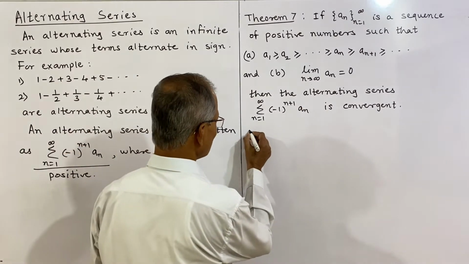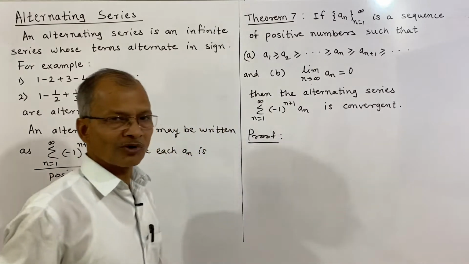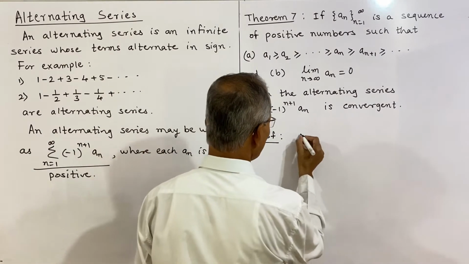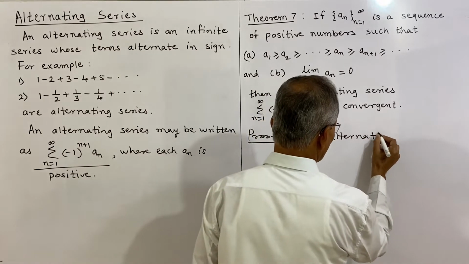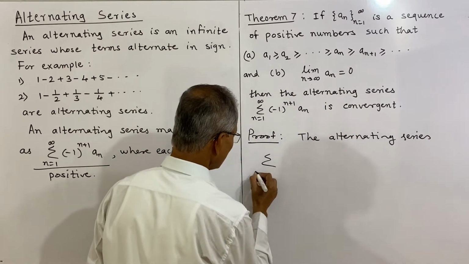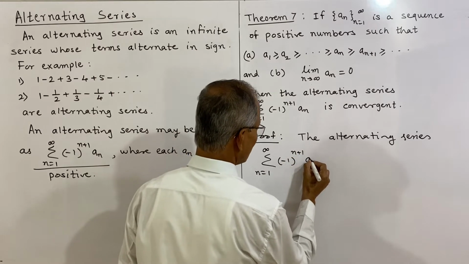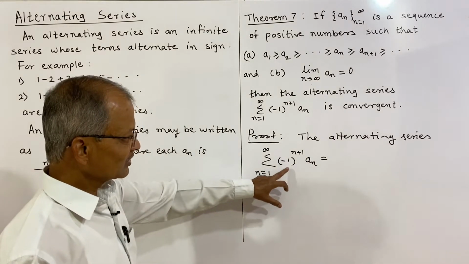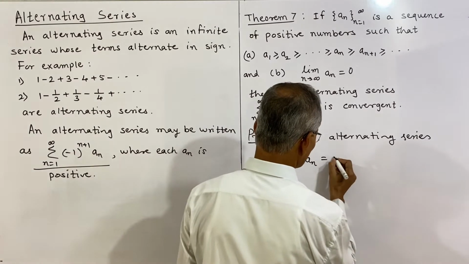Now, we shall prove the theorem. We will first write what will be the terms of this infinite series, the alternating series. The alternating series is summation n takes value 1 to infinity minus 1 to the power n plus 1 into an is equal to, see, if we put n is equal to 1, the first term is minus 1 square, that is positive, and a1. So, it is a1.